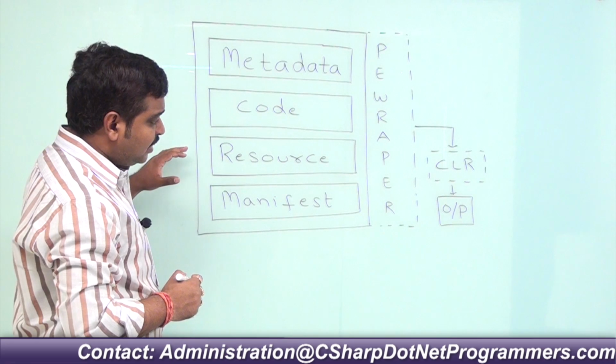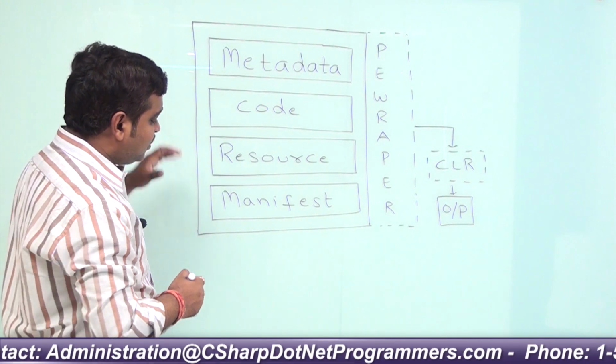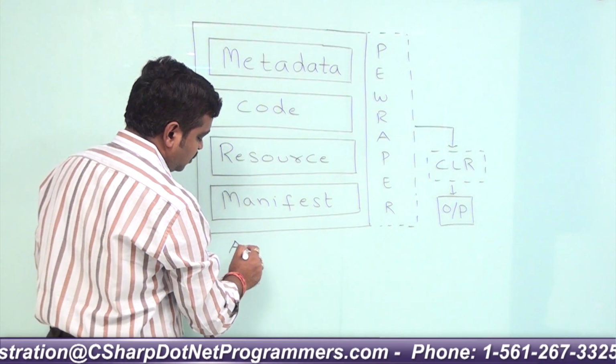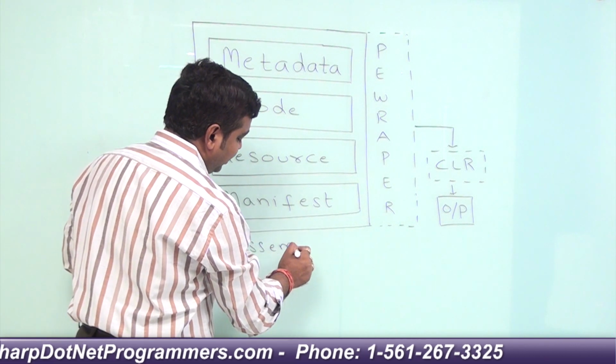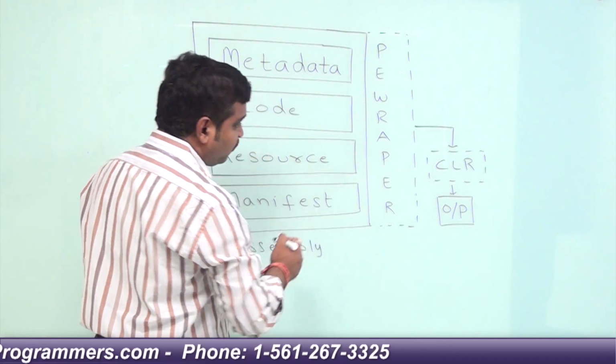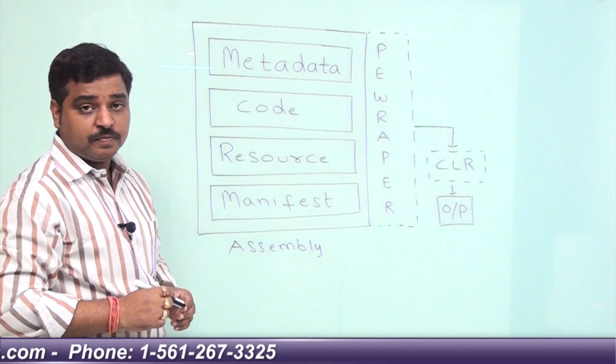Now let's try to understand why this assembly is depending on CLR for its execution.